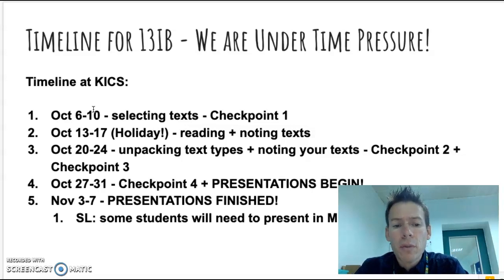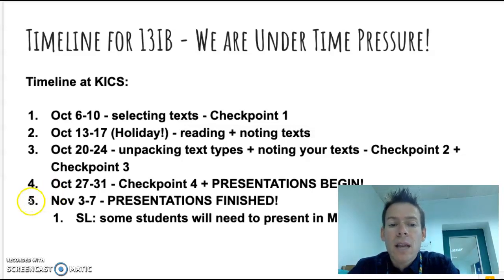Week 2 after the break, between October 27 and October 31, is checkpoint 4. That's where your teacher will give you some feedback on a rough planning outline, and that feedback will be the only chance you get to get specific feedback on what you're going to say, and that's the same week that we begin presentations.